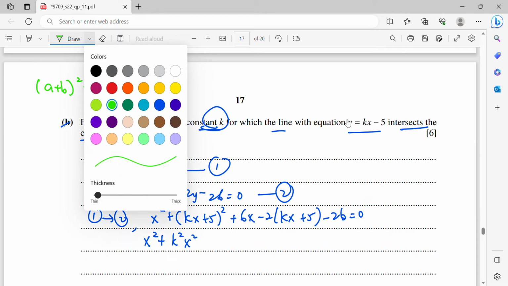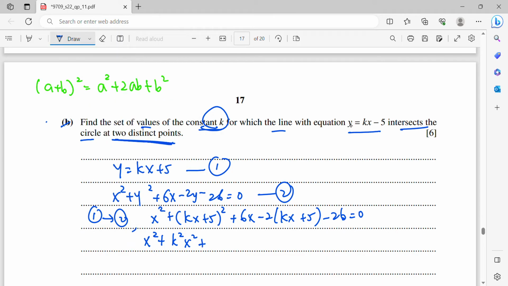So the next term is going to be 2ab. So it means that 2 times 5 is 10. 10 times kx, you get 10kx. Plus, the 5 squared is 25. Then, copy the 6x. Here, we do expansion. So, minus 2kx minus 10 minus 26 equals to 0.